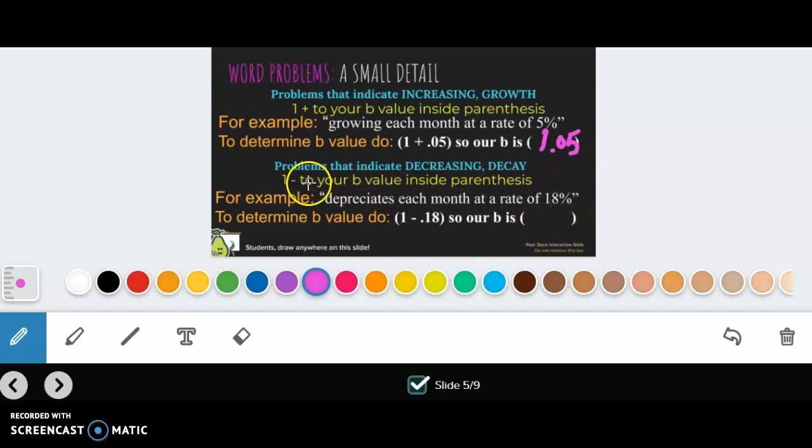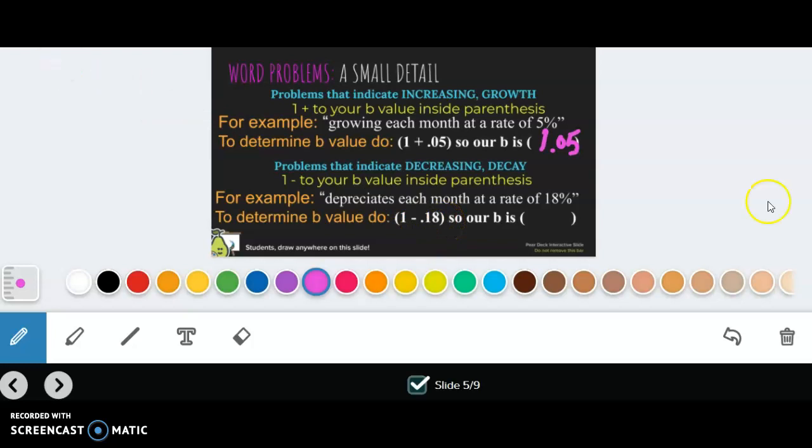So instead of adding 1 to it, we're going to have to do 1 minus whatever decimal we got. 18% really means 0.18, right? So then what I do is 1 minus 0.18.